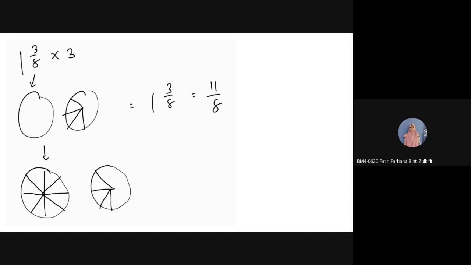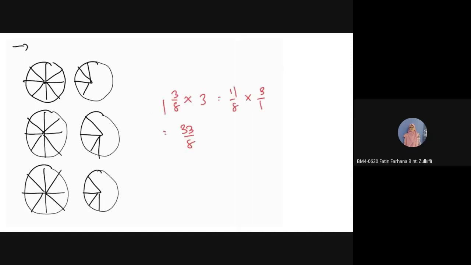We can see that the other pizza we need to cut into 3, because 11 minus 8 is 3, right? So for the other pizza we make it 3 parts. For the next step, we multiply that by 3.